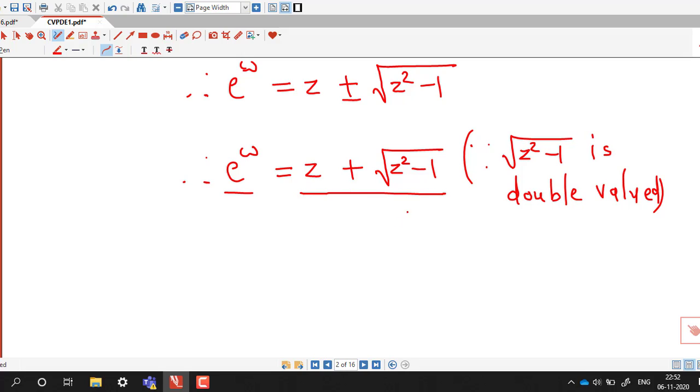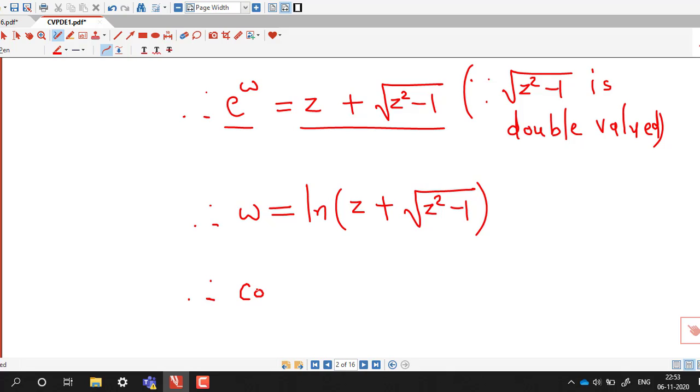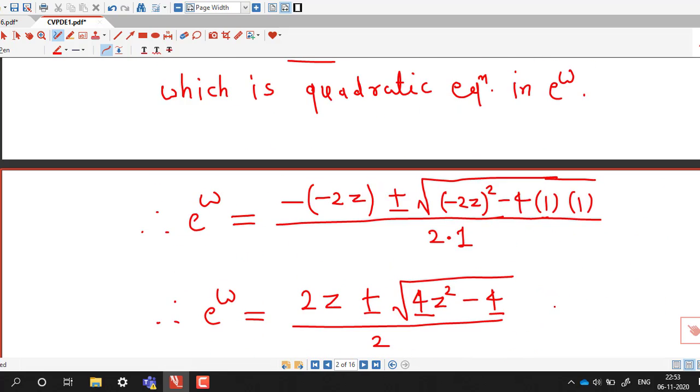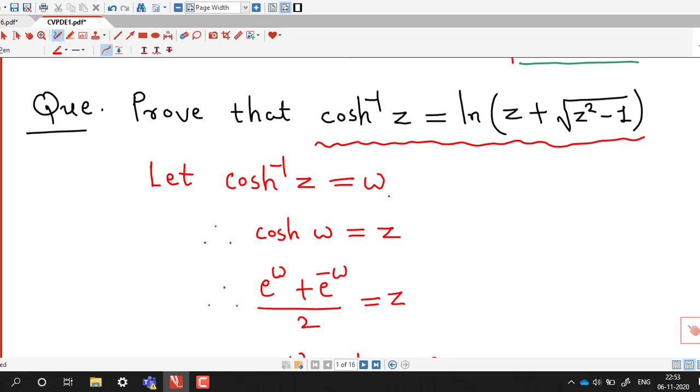Now if we use the definition of the logarithmic function, we have W equal to log of Z plus square root of Z square minus 1, and W is nothing but cosh inverse Z. So finally we are able to prove that cosh inverse Z is nothing but log of Z plus square root of Z square minus 1.